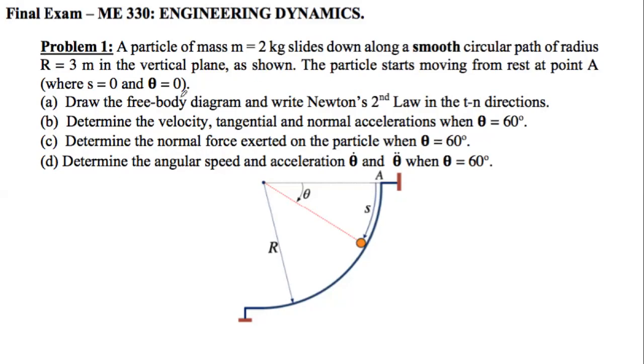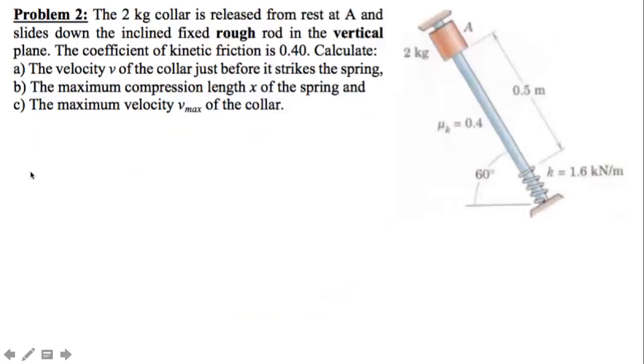So today we will solve the final exam for engineering dynamics. You read the problems one by one carefully, and it's always a good strategy to start with the easiest problem. You see here you have 4 questions. Let me skip it, even if it's easy.